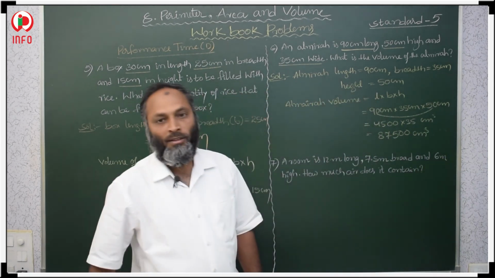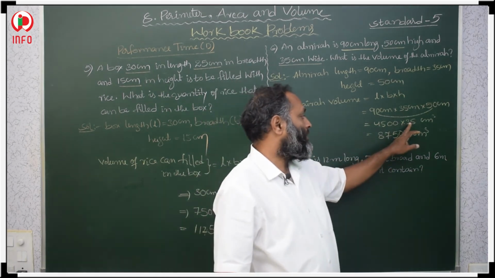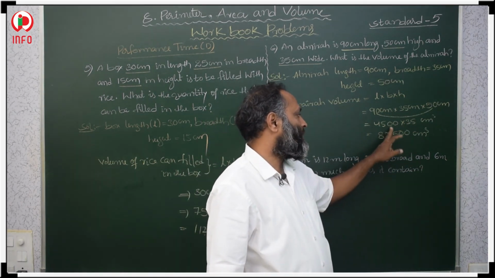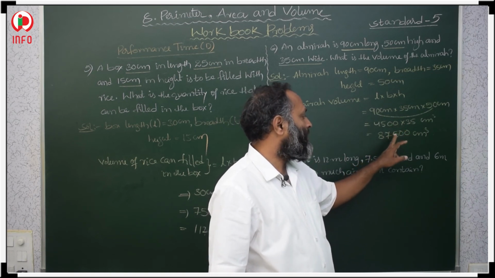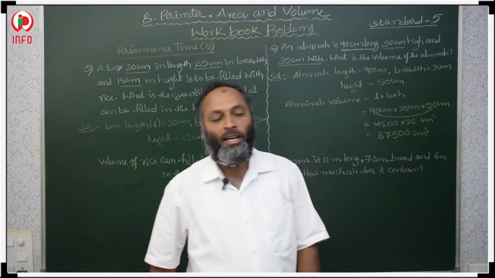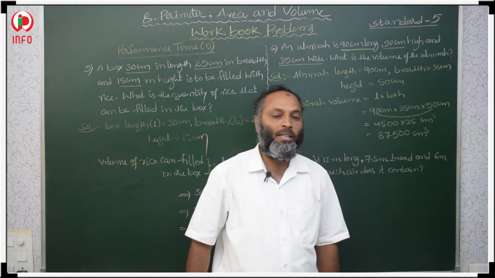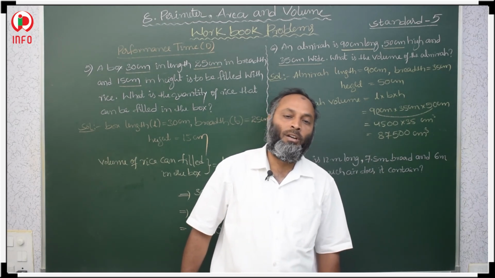So 87,500. 35 zeros are 0, 35 zeros are 0, 35 5s are 25, 2, 17, 35 5s are 70, 85. 87,500 centimeter cube. Okay.